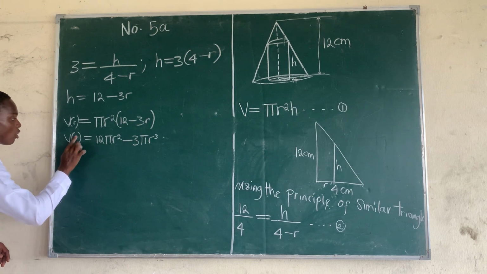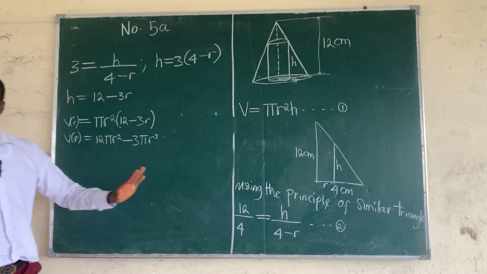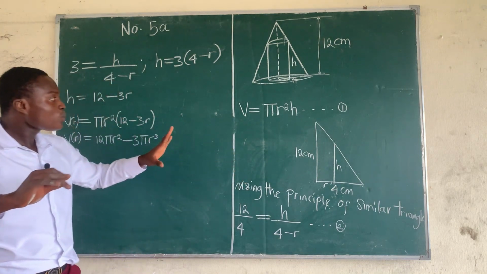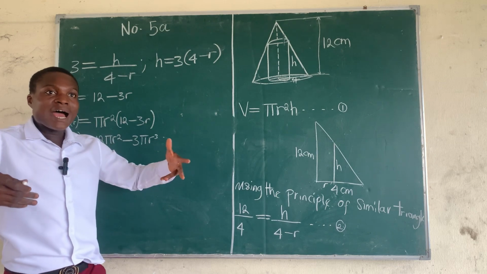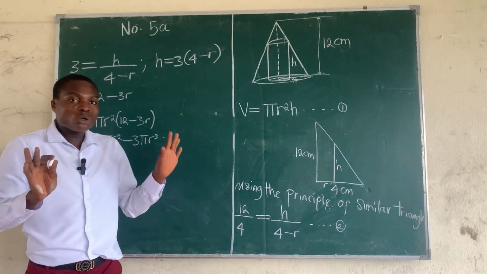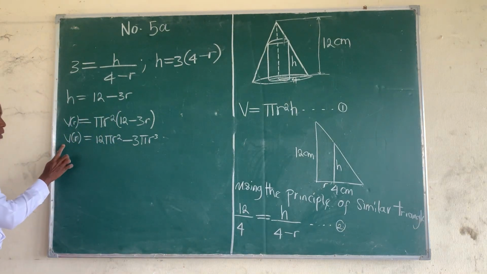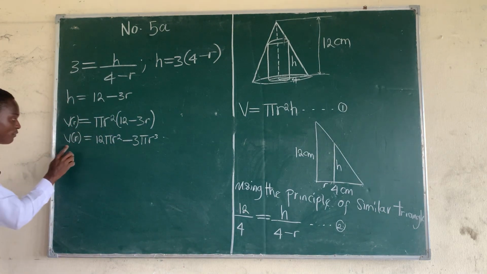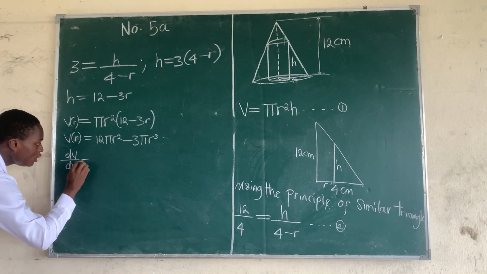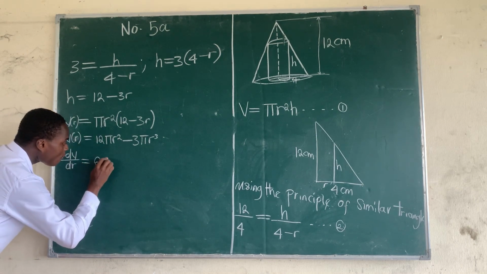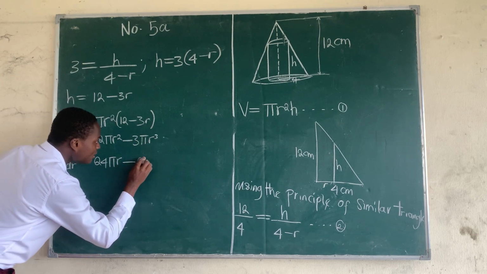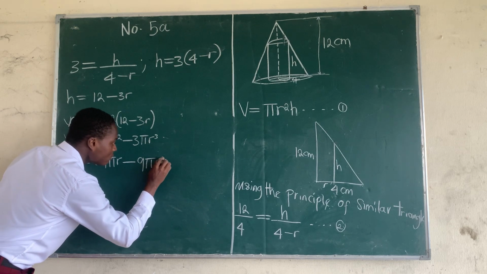But recall that this is the application of differentiation. So we are going to bring out the idea of stationary points. We said that at stationary points, dy dx is equal to 0. But now V is a function of r. So if you differentiate this with respect to r, you have dv dr equal to 24 pi r minus 9 pi r squared.